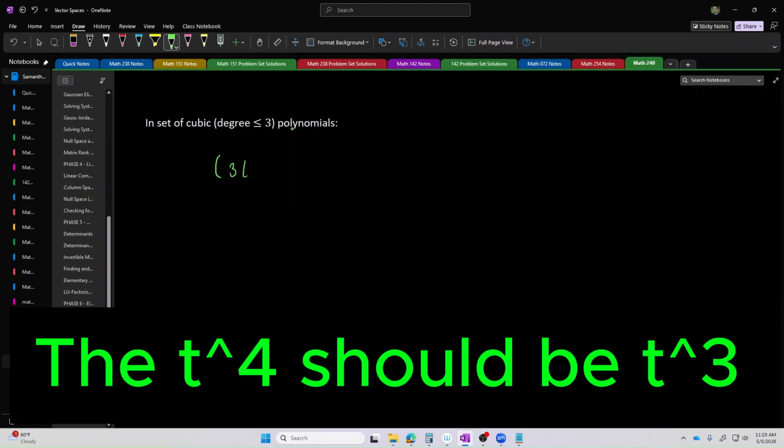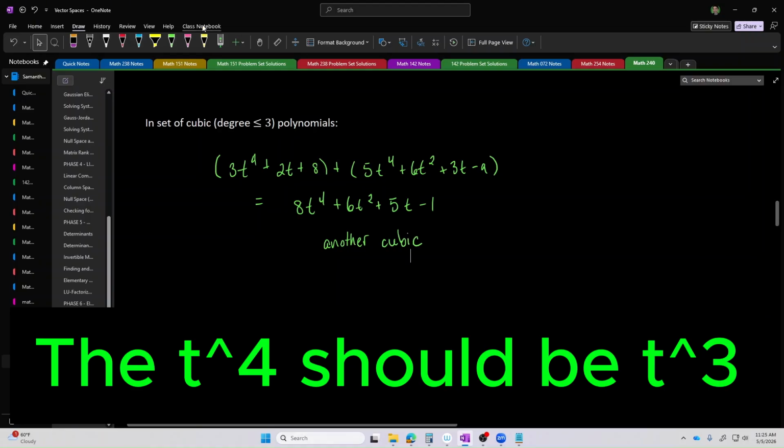If I have, for example, 3t to the fourth power plus 2t plus 8, and I add that to 5t to the fourth power plus 6t squared plus 3t minus 9, and combine like terms, what results is just another cubic polynomial. So I started with two elements in this set, the set of cubics. I add them together and I get another element in that set, another cubic.